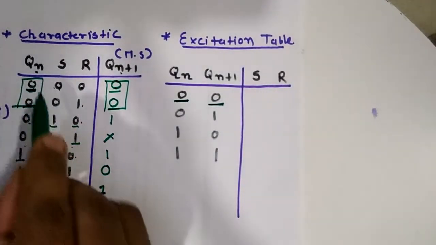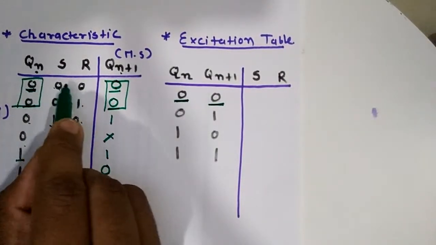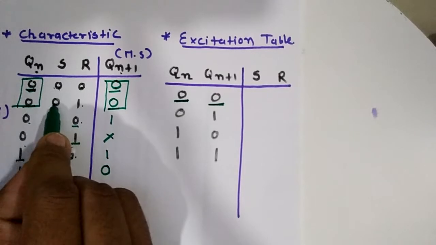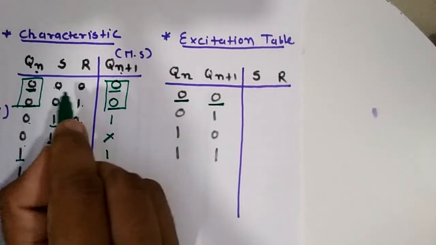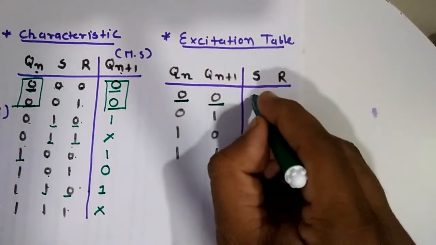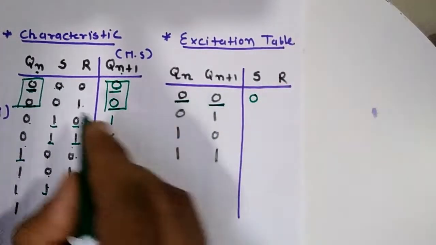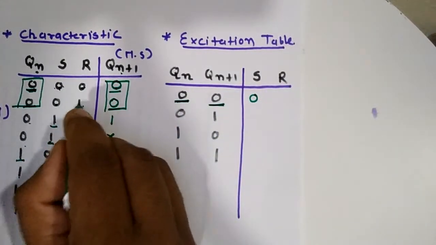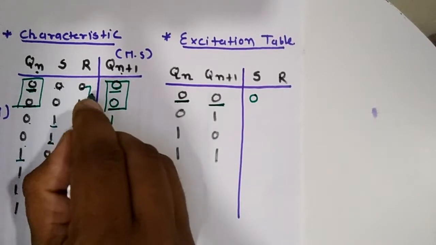In both conditions, the SR flip-flop inputs are S is equal to 0, R is equal to 0, and S is equal to 0, R is equal to 1. So S is equal to 0 in both conditions. But here R is equal to 0 and 1, so we put the don't care.